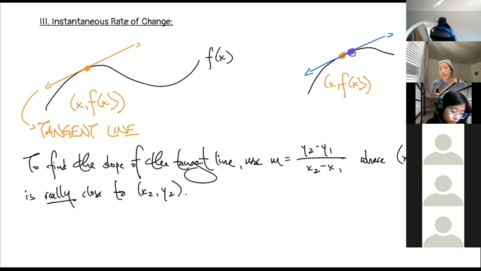Okay, so let me read that again while you're writing it. To find the slope of the tangent line, use m equals y2 minus y1 over x2 minus x1, where (x1, y1) is really close to (x2, y2).